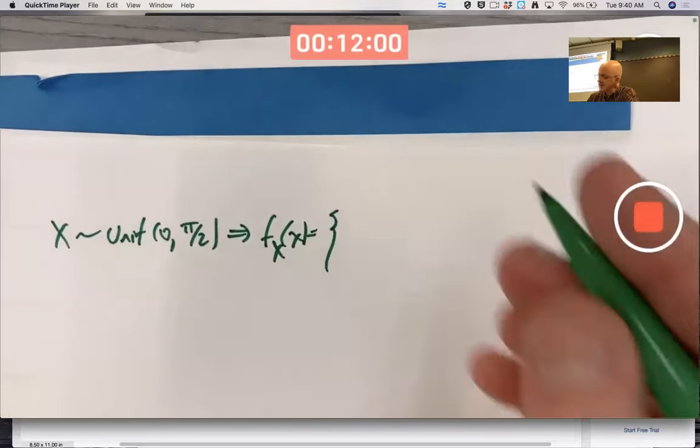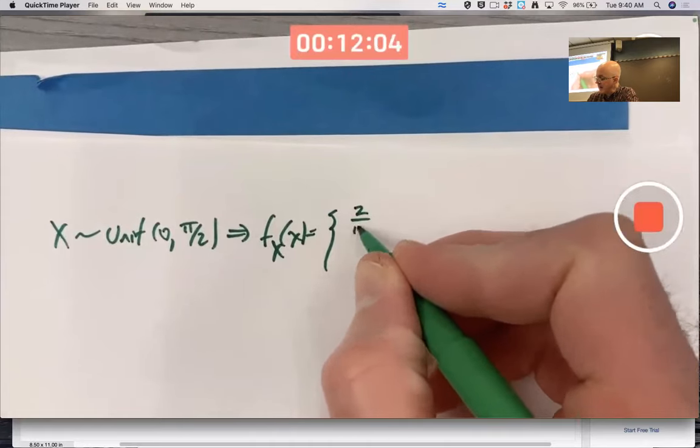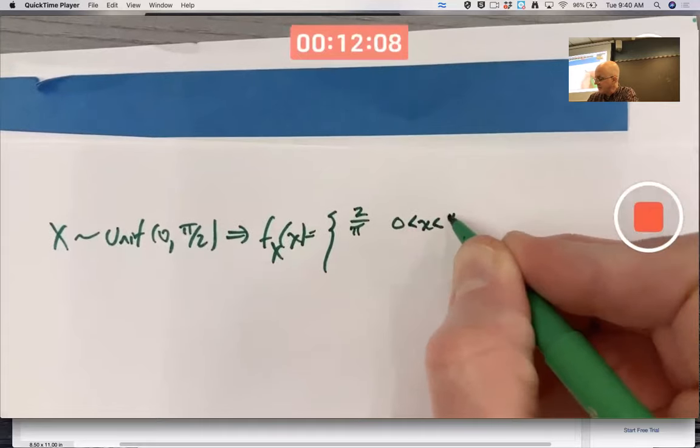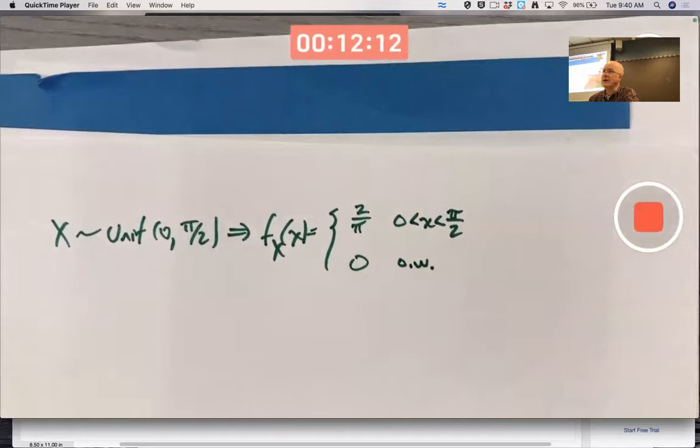so piecewise function, say, that means the PDF is going to be 2 over pi when x is between 0 and pi over 2, and 0 otherwise. I'll abbreviate otherwise as just OW.